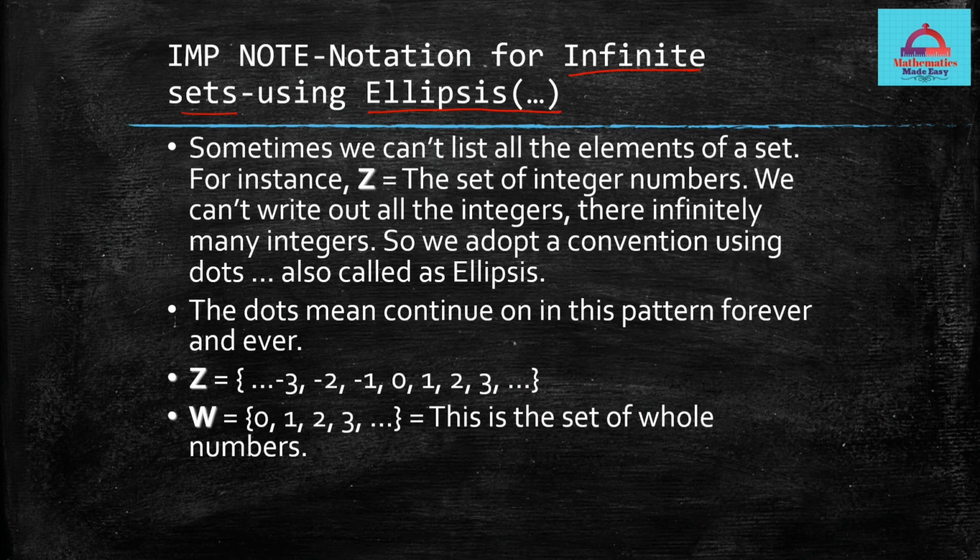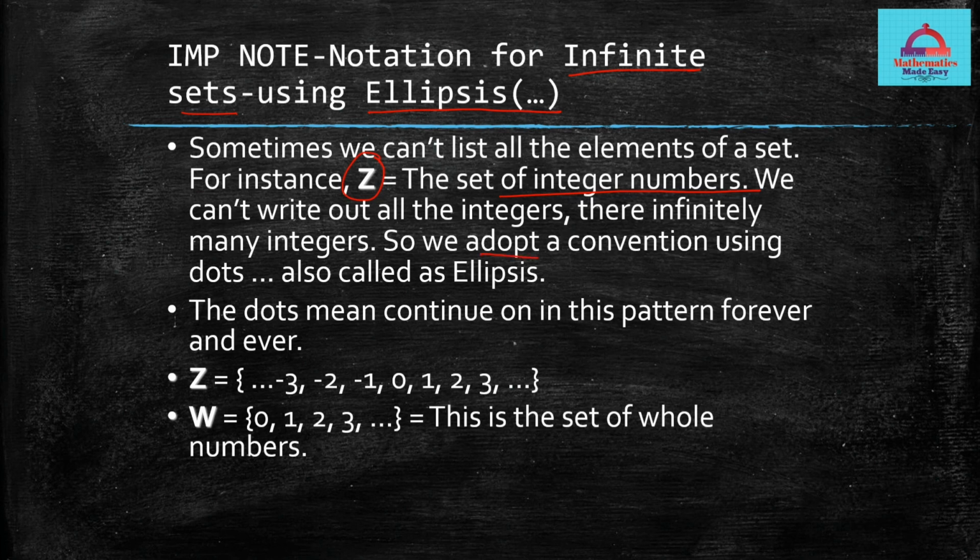Sometimes we can't list all the elements of a set. For example, if you're taking the set of natural numbers or the set of integers, it has so many elements. It is going to be an infinite set. There are so many integers, so you can't really write each element for an infinite set like this.